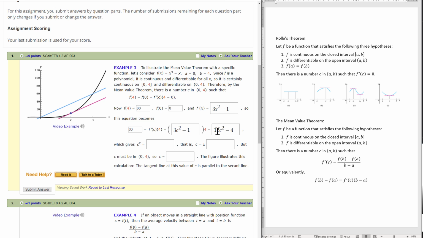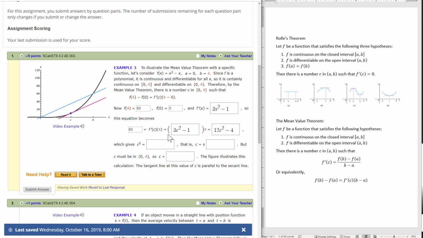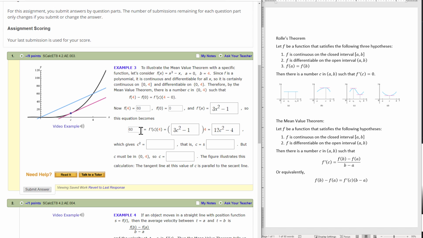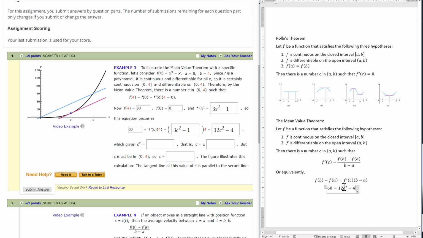All right. So we got that worked out. So 60 is going to equal this, and I think we just need to solve. So maybe I'll write it down here. We have the expression 60 is equal to 12c squared minus 4. I want to add 4 to both sides, so this is going to be 64.